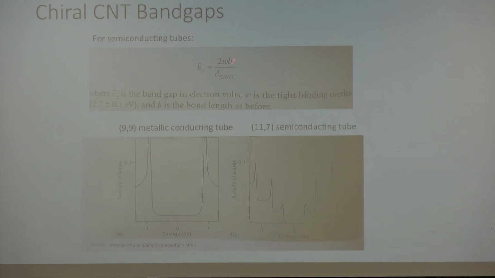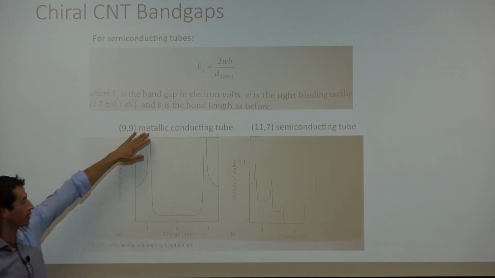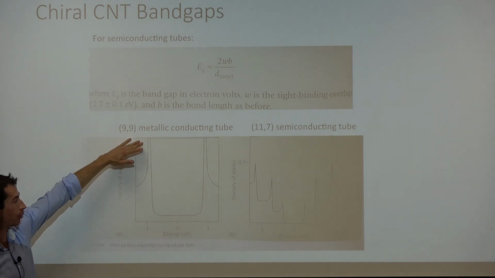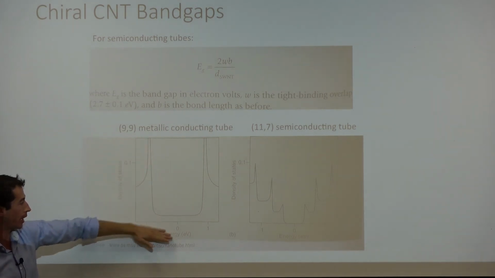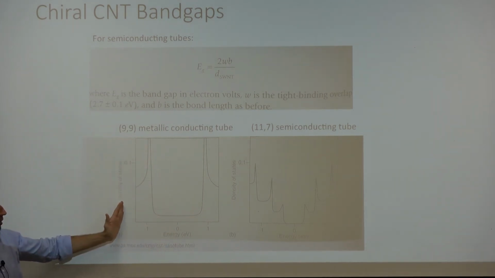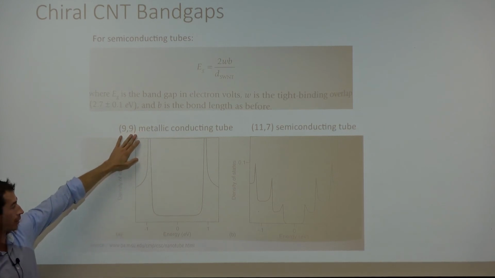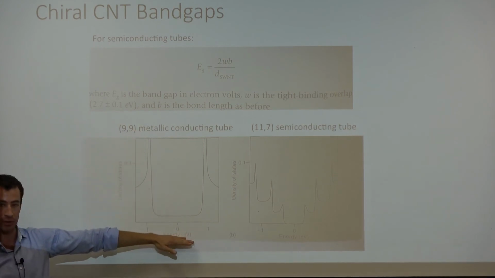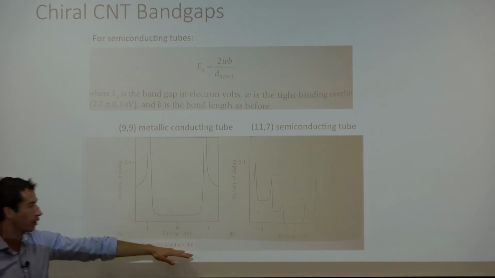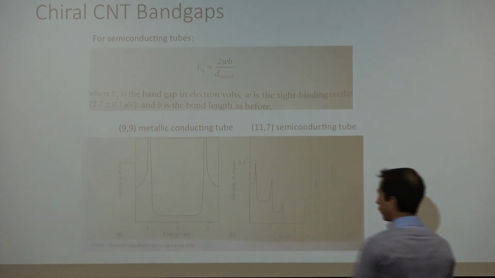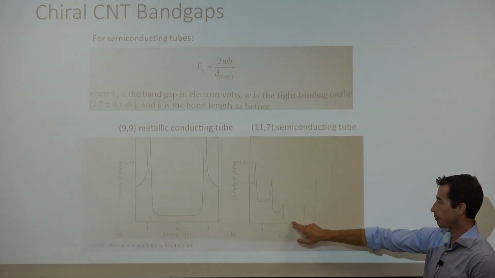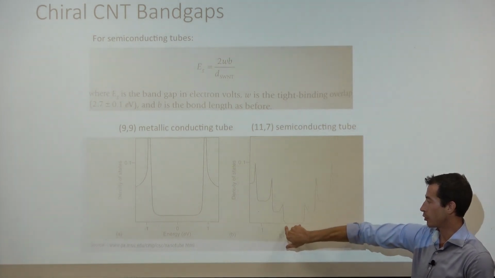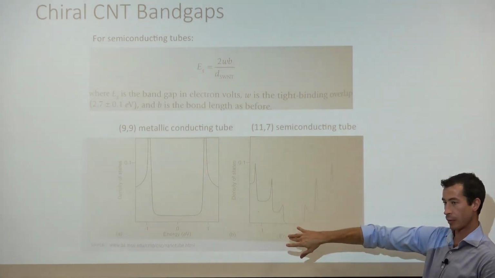So then there's this expression for chiral carbon nanotubes. What is the band gap? So for these conducting ones, there would not be a band gap, right? So here we're looking at density of states for a metallic conducting tube, and see how it never drops to 0 energy, right? But for a semiconductor, we have a band gap between the conduction band and the valence band, okay?